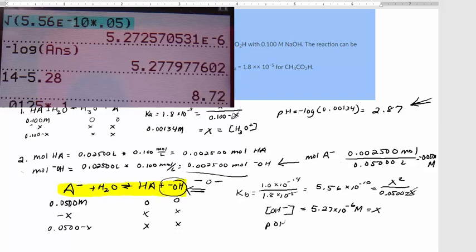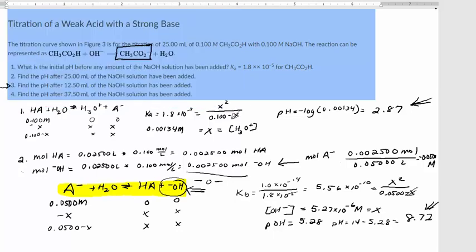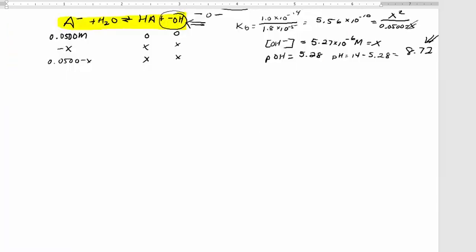I can find the pOH from this value, and I get 5.28. The pH is going to be 14 minus this value, and I get 8.72. So that was finding the pH at the equivalence point for a weak acid, strong base.